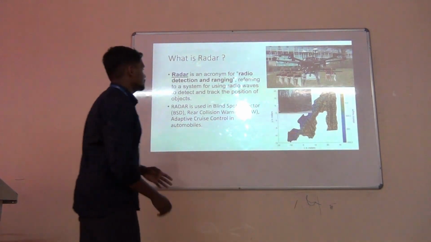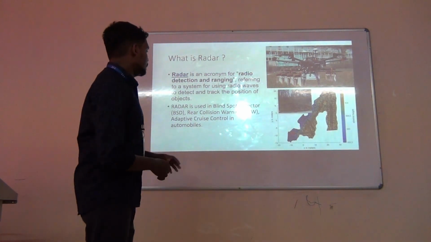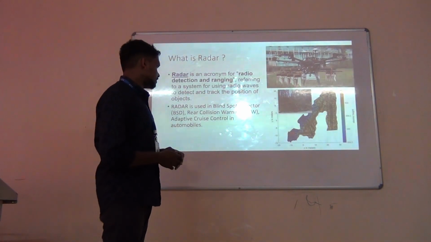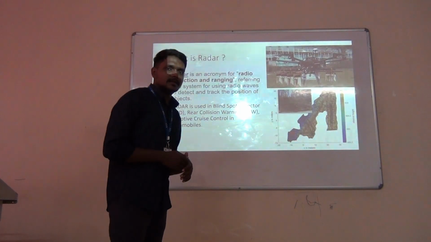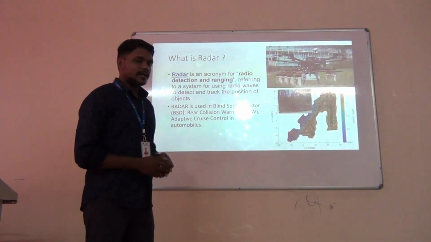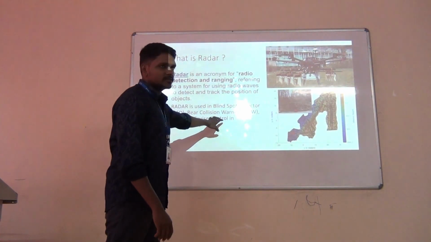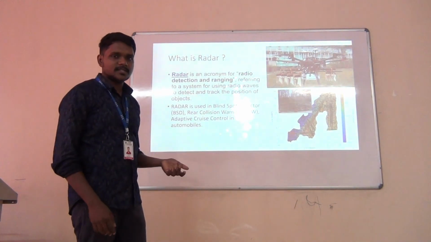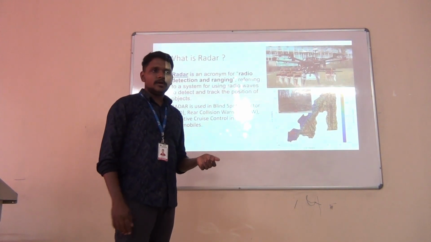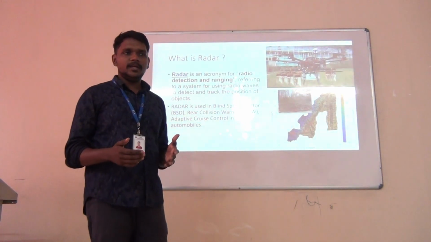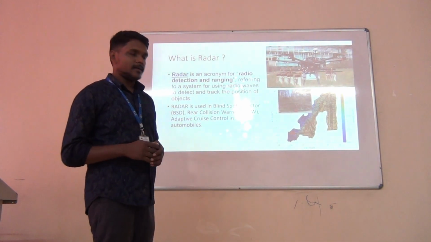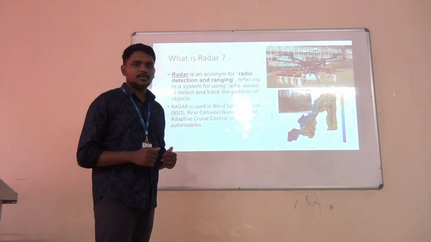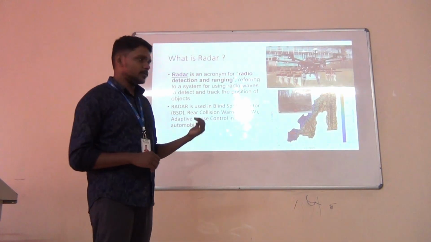As the slide says, radar is used in blind spot detection, rear collision warning and adaptive cruise control. In automobile technologies, we can see these points very clearly in most Tesla self-driving cars and Volvo. Volvo is one of the companies where zero accidents have happened. This can be achieved only through radar technology, and we will be going through it.